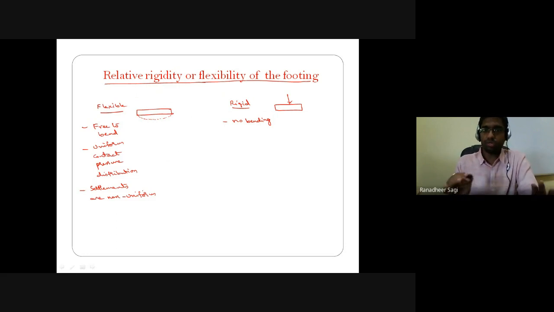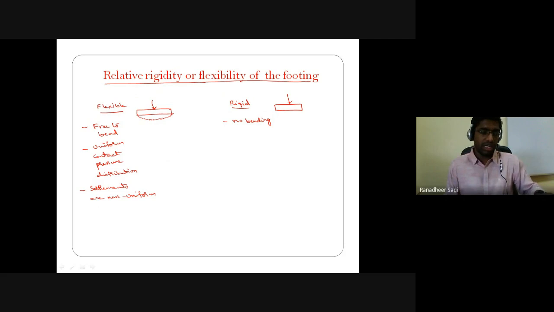Once you know this particular point very clearly, it will be very easy for you to plot how your contact pressure distribution diagram is going to look. So now in the case of the flexible footing, because of the external load applied on that footing, the footing is trying to take some bent shape, and that bent shape indicates what is called your settlement, how much settlement you are going to have in that particular footing.